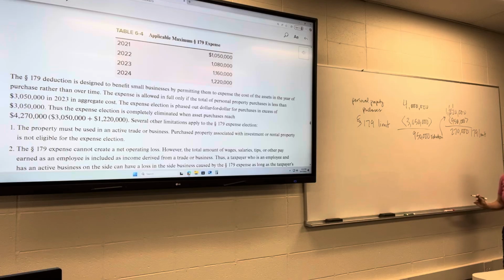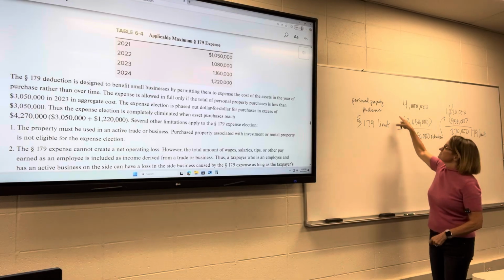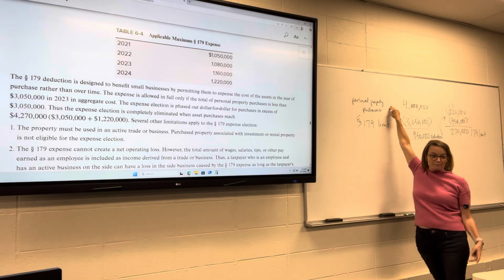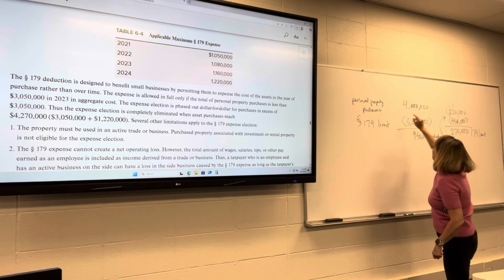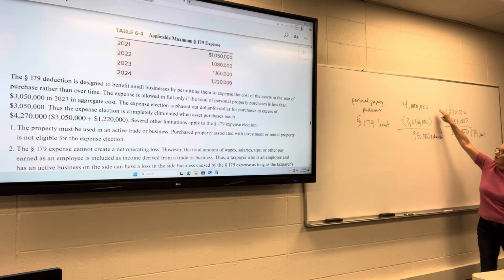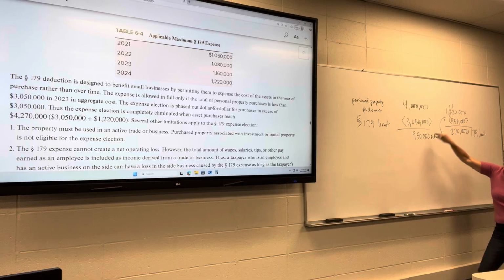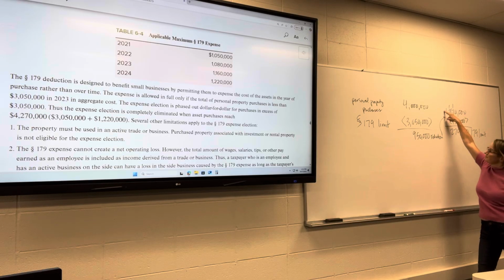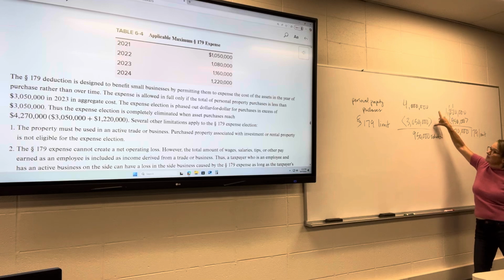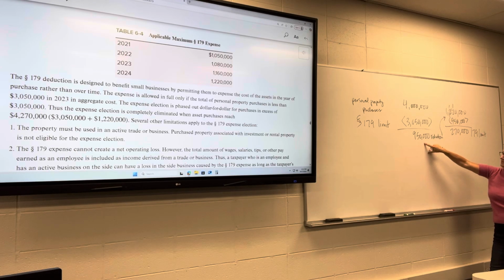So there are 2 limits. There's a limit based on how much total personal property we purchased during the year. We have to reduce our total 179 limit by this amount to get our first reduction.